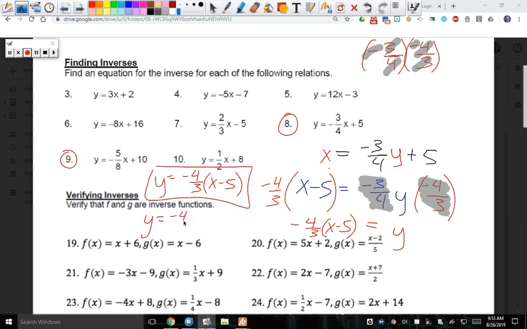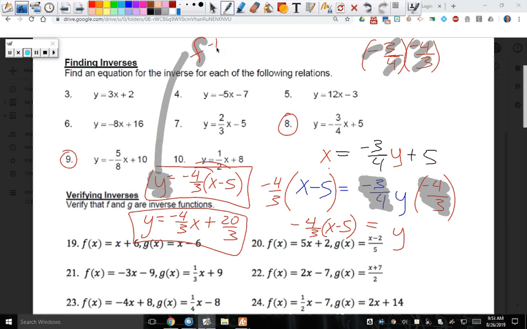That's a good question. Let me answer here in just a bit. You could simplify this out as far as distributing if you want. You don't have to. But it would be a positive 20/3. Now, the question is, should you put right here the inverse of f of x?